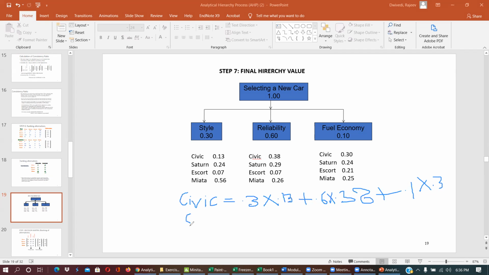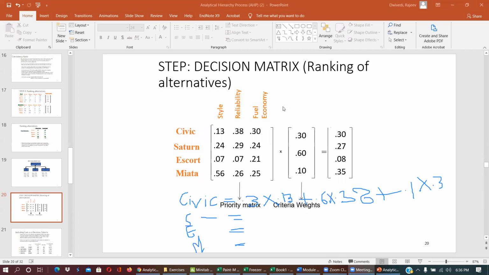Similarly, we do it for Saturn, Escort, and Mazda. If we do all this, we get our overall decision, multiplying the priority matrix by the criteria weights. So Civic is overall 30%, and Saturn is overall 27%.